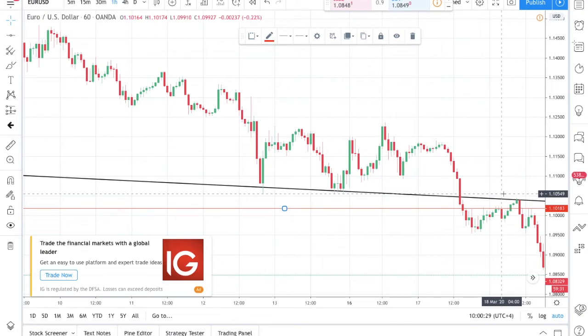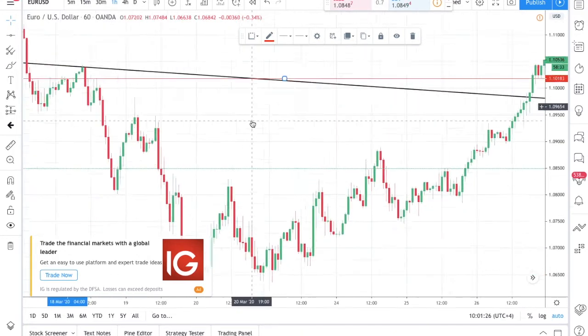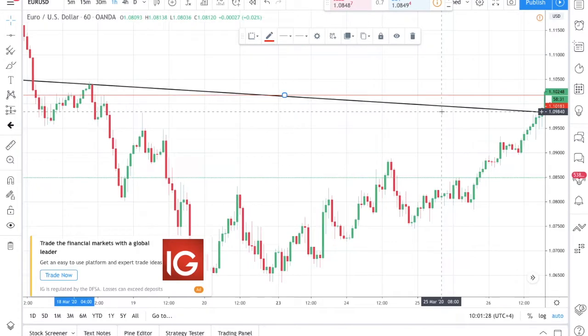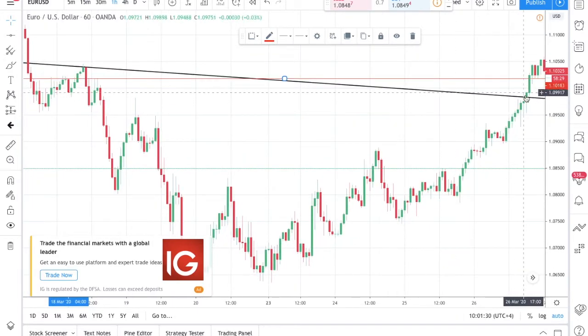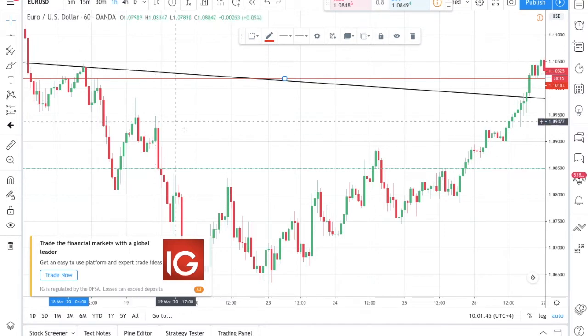If you want to be safe, when it hits the resistance line, you just open a sell order and you take your profit and you leave. So guys, look, we don't have any second attempt. This is a breakout. There is no second attempt. That's why I told you guys that the first attempt is always the safest attempt and the safest time to open a sell order or a buy order.